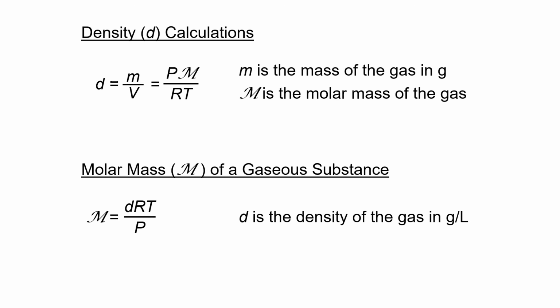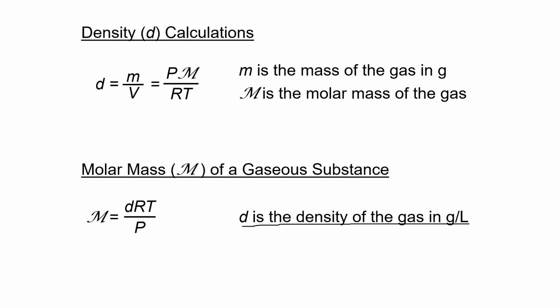And the molar mass of a gas can be calculated by density times RT divided by P. And density of a gas, if you recall, is given in grams per liter.